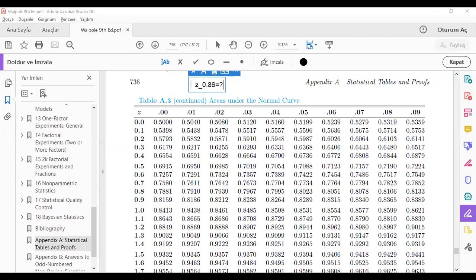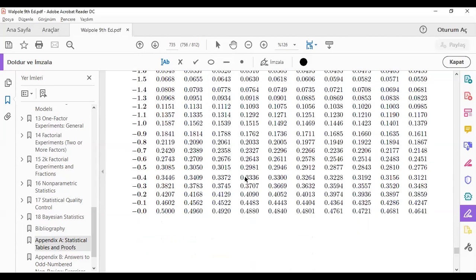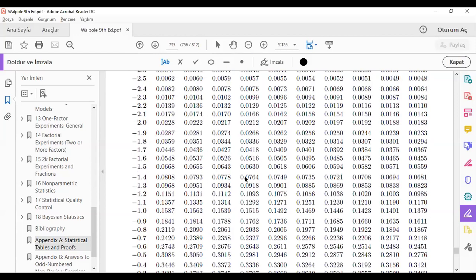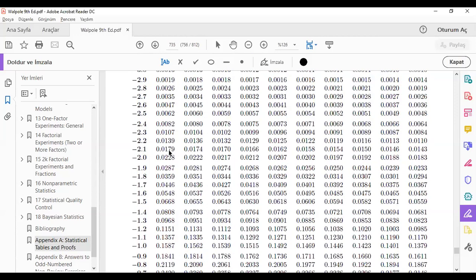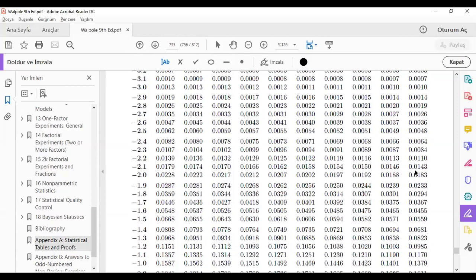Okay, let's check both of them. Minus 2.19 is somewhere here. So this is the result, 0.0. So Beza, probably you took one additional zero there, right? It's not 0.014, it's 0.14, okay?